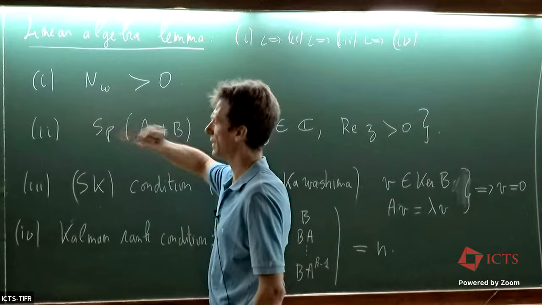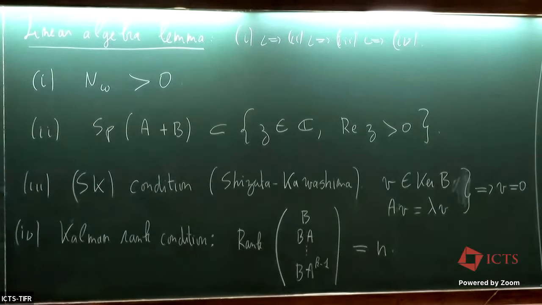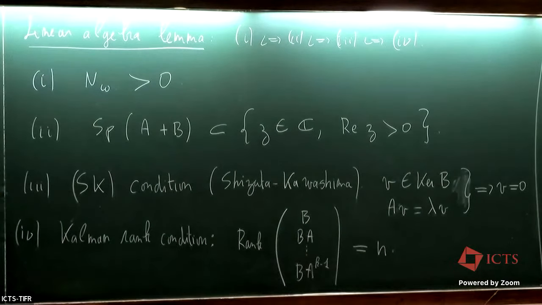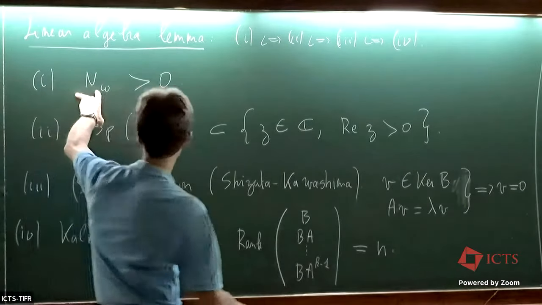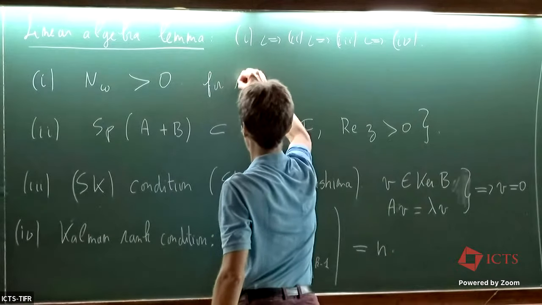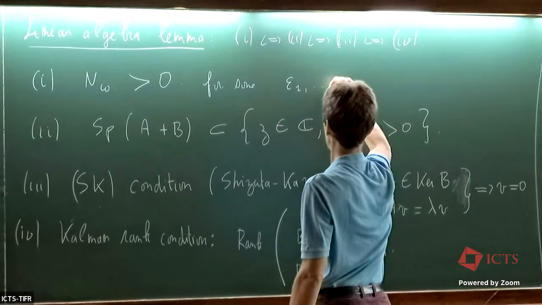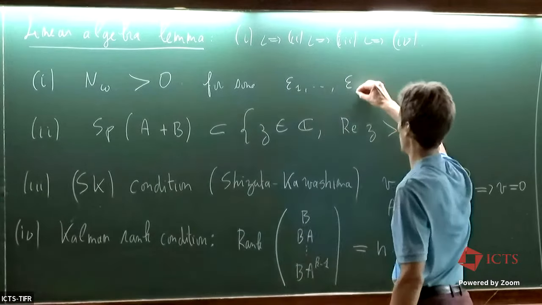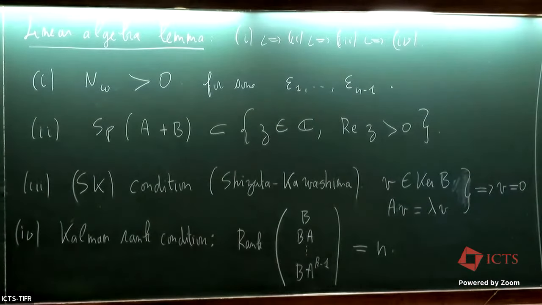It's better to say that one can find some combination of that which has to be positive for some choice of epsilon 1, ..., epsilon n minus 1, not for all. You just need to find one for which it's okay.